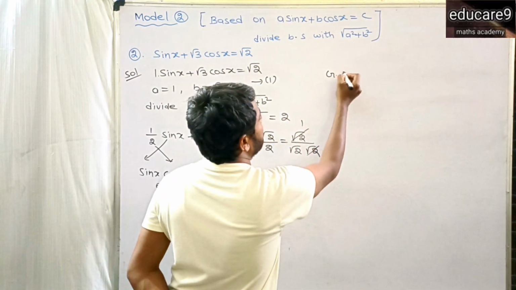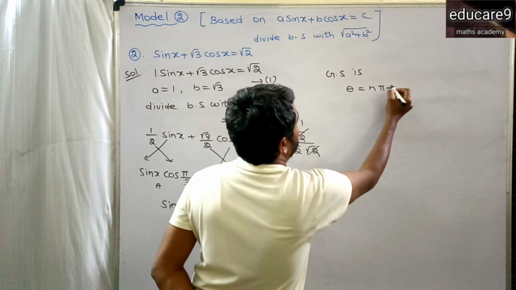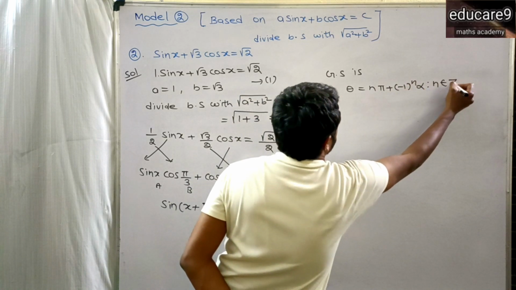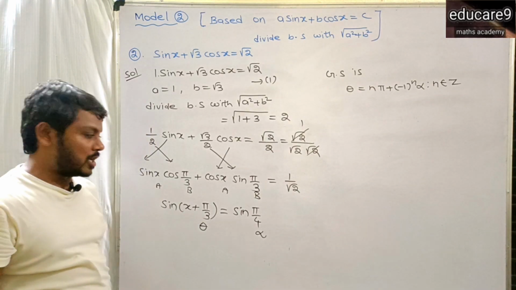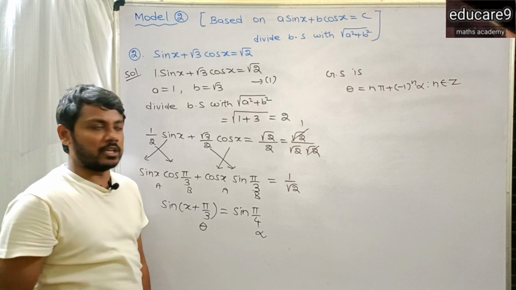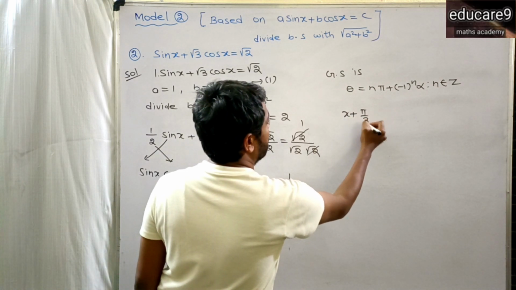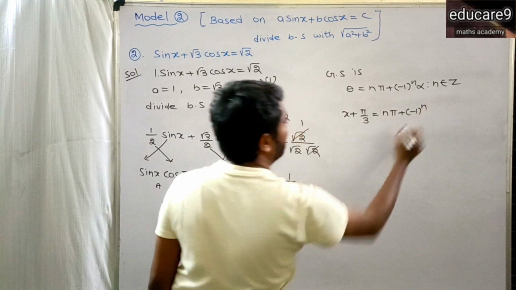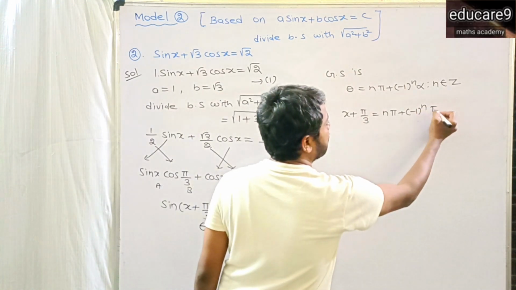Clearly, the general solution is theta is equal to n pi plus minus 1 whole power n into alpha, for all n belongs to z. Clearly, theta is x plus pi by 3 and alpha is pi by 4. Replace with them. That is x plus pi by 3 equals n pi plus minus 1 whole power n into alpha value pi by 4.